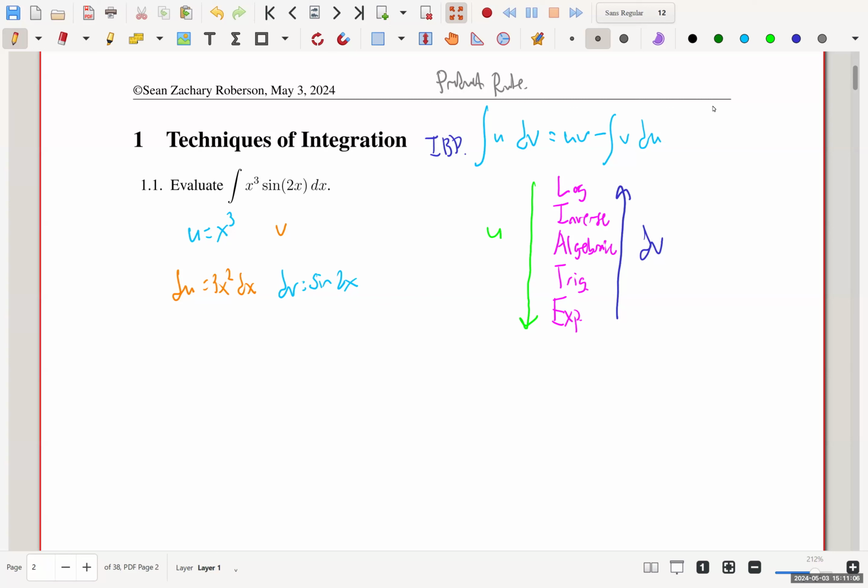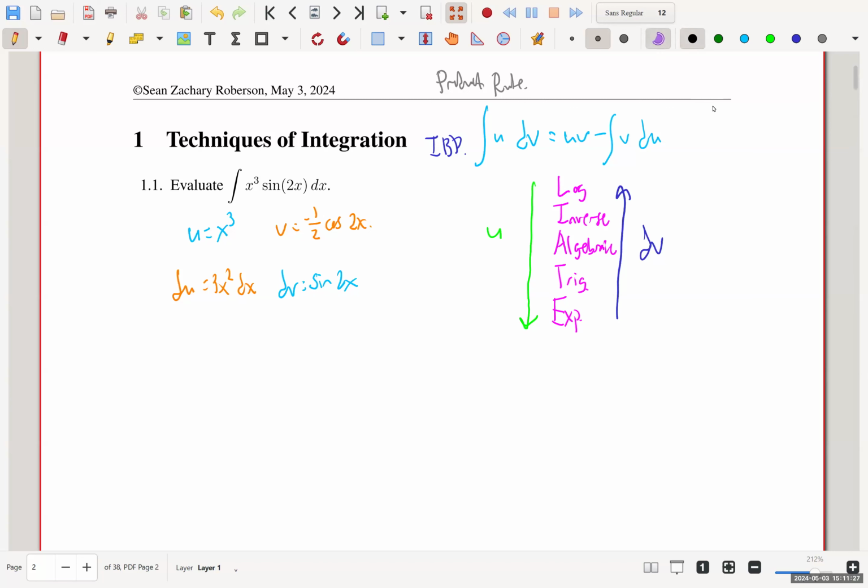Very good. Negative 1/2 cosine 2x. Why? The antiderivative of sine is minus cosine. We divide by 2 because if we do a u-substitution, we think of the chain rule, everybody, the chain rule. And folks, all you got to do here is just follow your path.